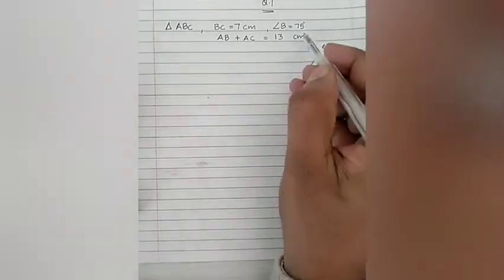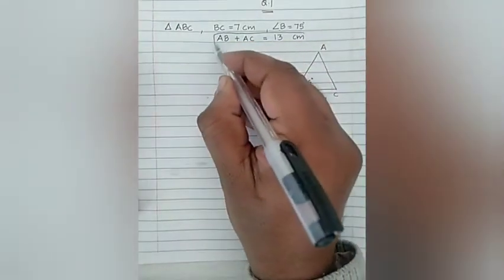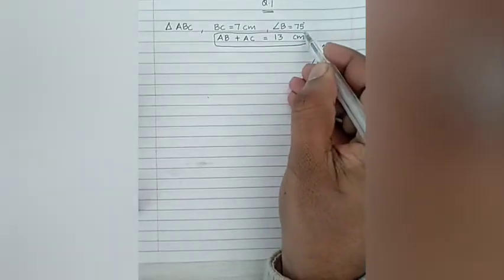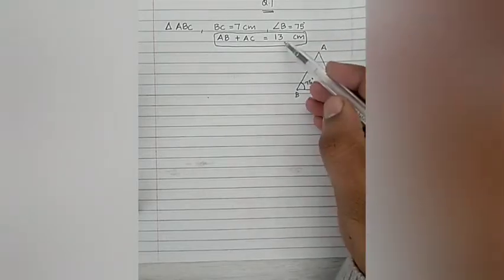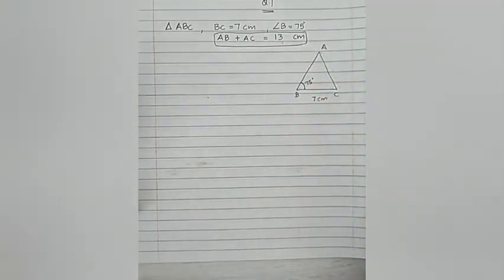Angle B is 75 degree, so this angle has to be constructed as 75. And then what I have been given is AB plus AC, that is the sum of the remaining two sides, which is equal to 13 centimeter. Now please pay attention while we construct this triangle.